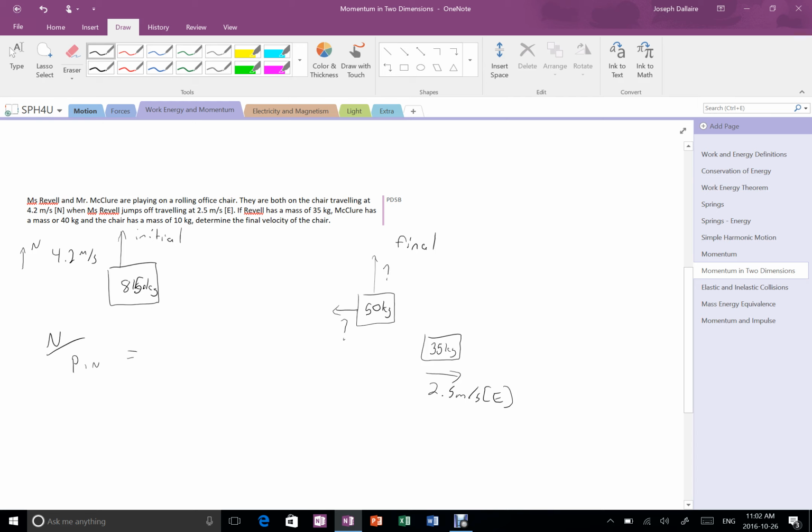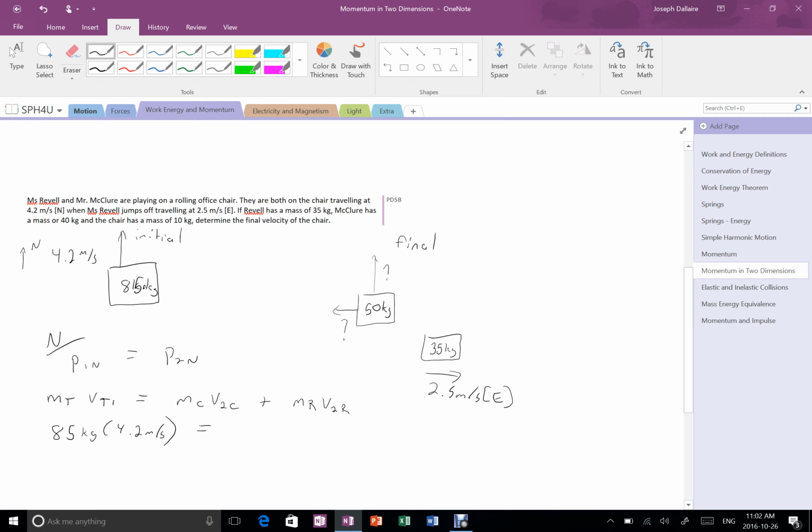P1n is going to have to equal P2n. In the initial situation, we have a mass total times a velocity total. And in the final situation, we have a mass chair times a velocity final for the chair, plus a mass Revel times a velocity final for Revel, as the two objects split up. 85 kilograms times an initial speed of 4.2 meters per second.